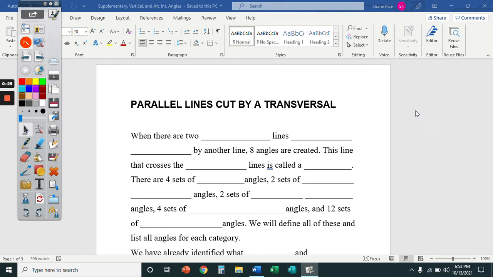All right. So when there are two parallel lines, so that word is parallel.